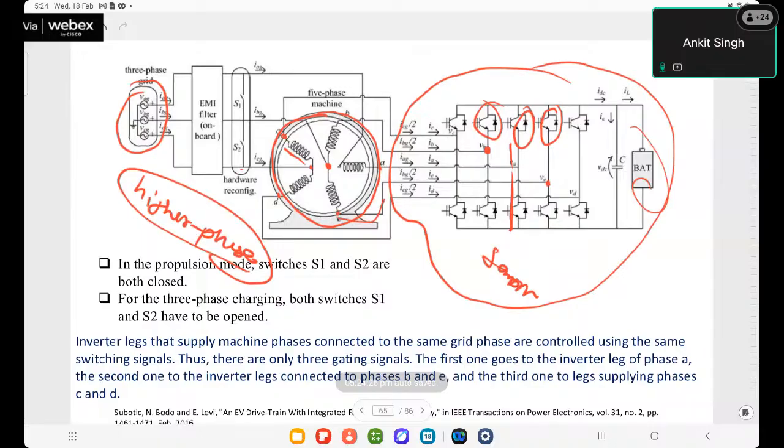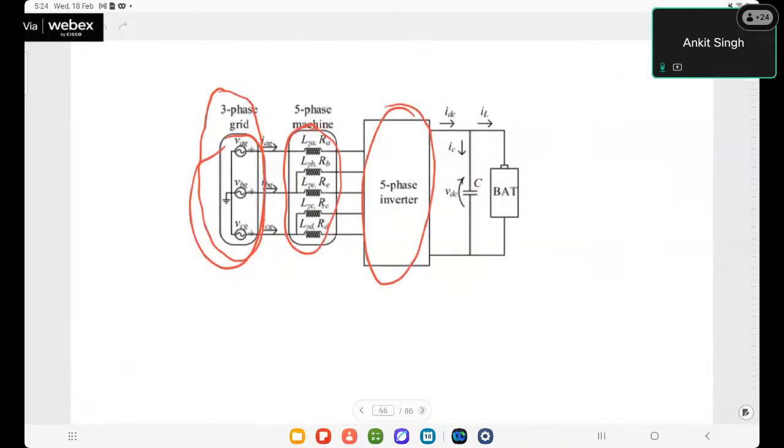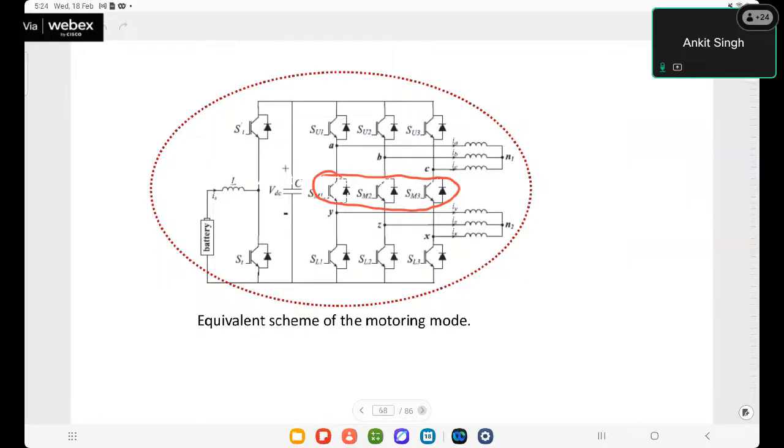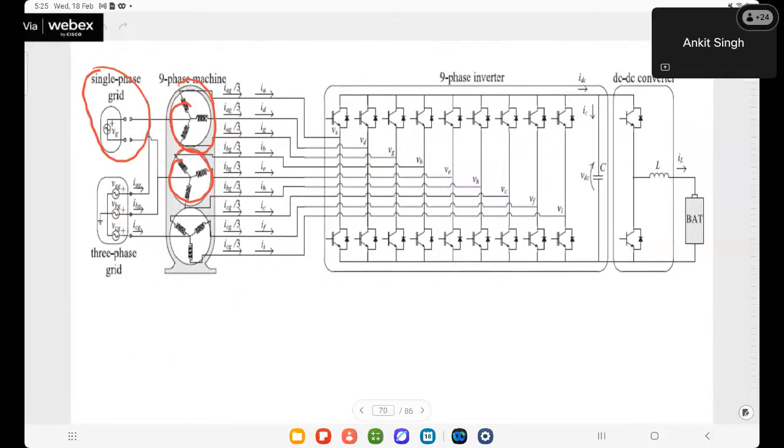Okay, and one important thing is that some multi-phase systems have another important property, which we can see here. This 9-phase system is there.